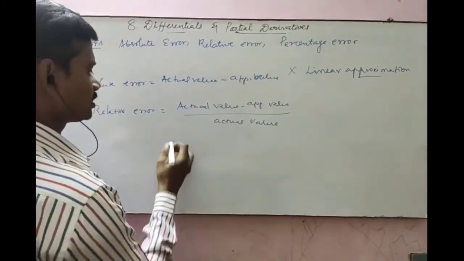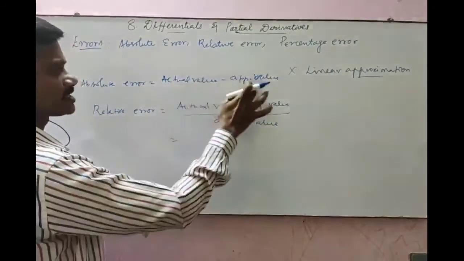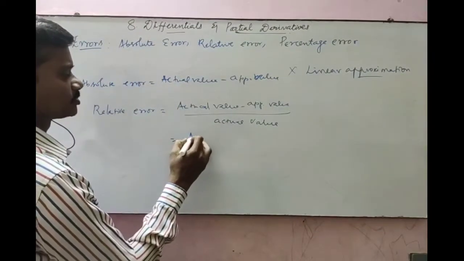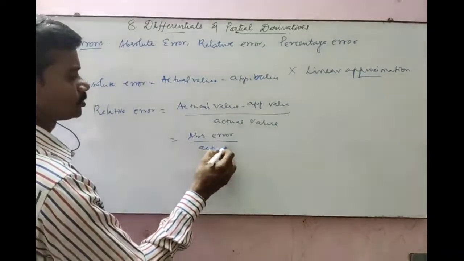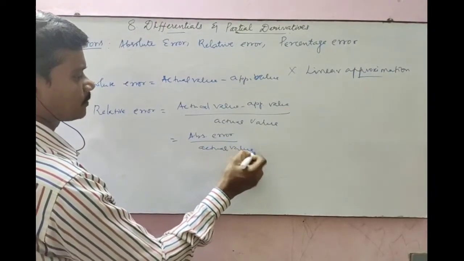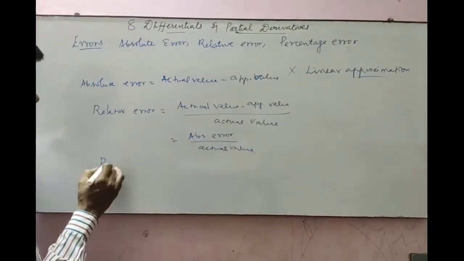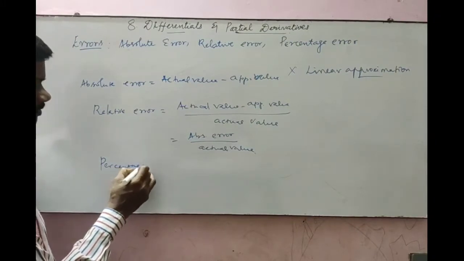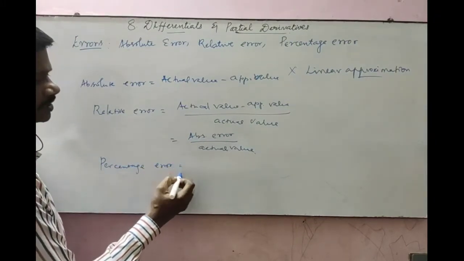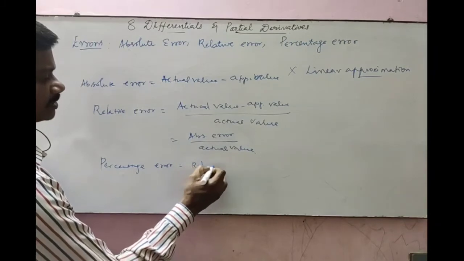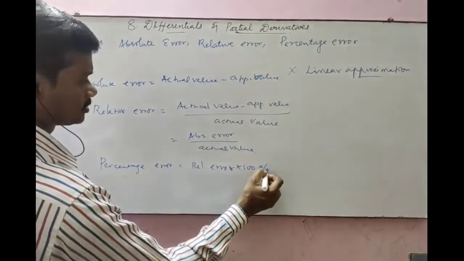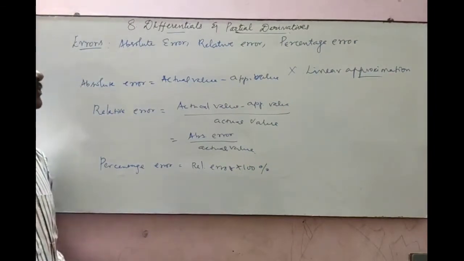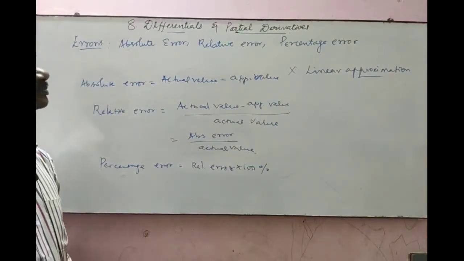That means, since actual value minus approximate value is the absolute error, it can also be written as absolute error by actual value. Then comes the percentage error. Percentage error is obtained by the relative error into 100 percentage. So these are the three formulae.